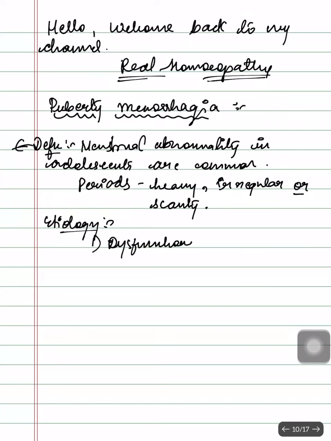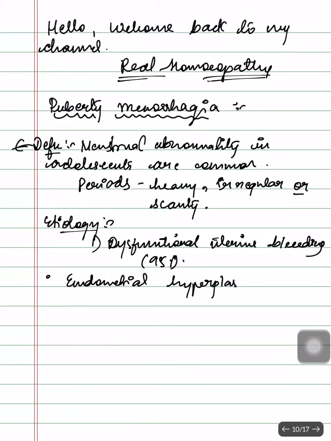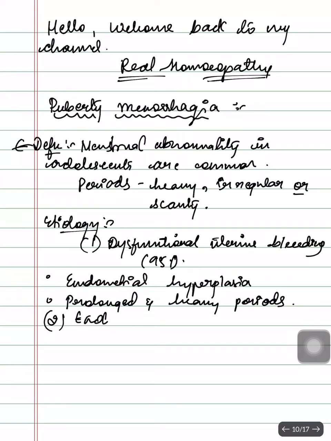First is dysfunctional uterine bleeding, seen in about 95% of cases, which is due to anovulatory cycles leading to unopposed estrogen levels and endometrial hyperplasia, and again leading to prolonged and heavy periods. So prolonged and heavy periods are the result of dysfunctional uterine bleeding.